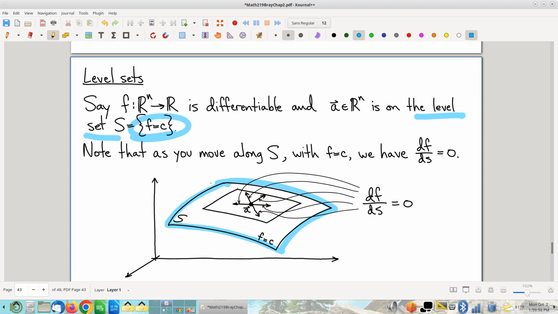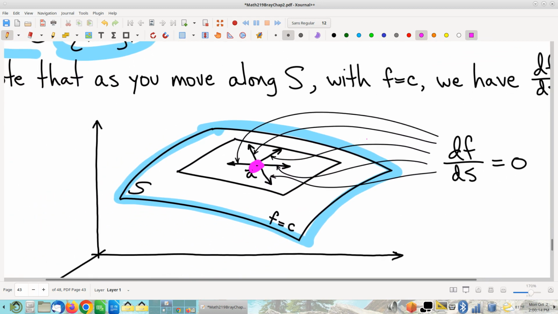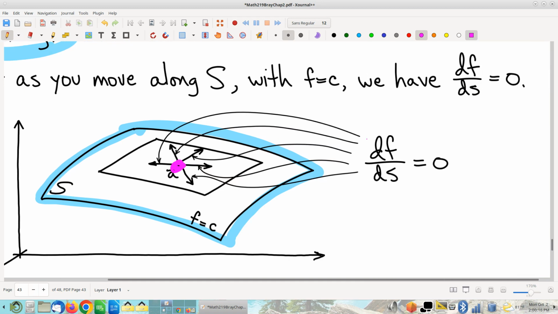Okay, now, I'm going to make an observation about what happens when you're at, let's say, a point like this. Here we go. So at a point like that on the level set, keep in mind, being on the level set, the value of the function is c, whatever that constant is for that level set.